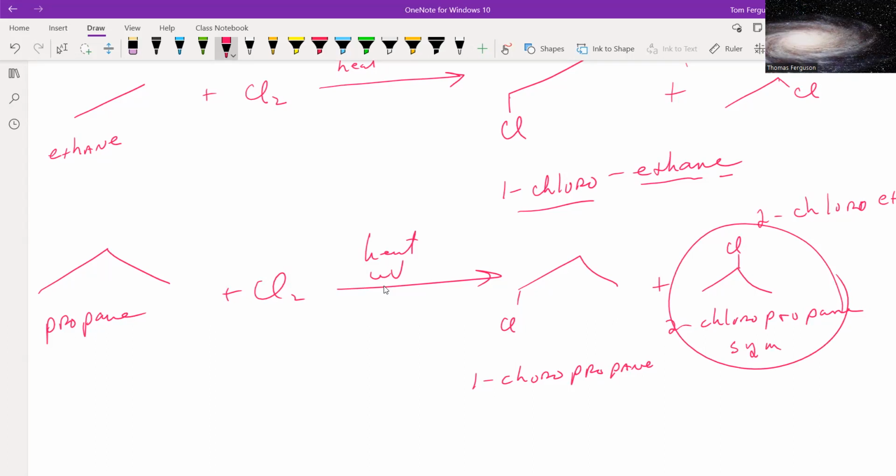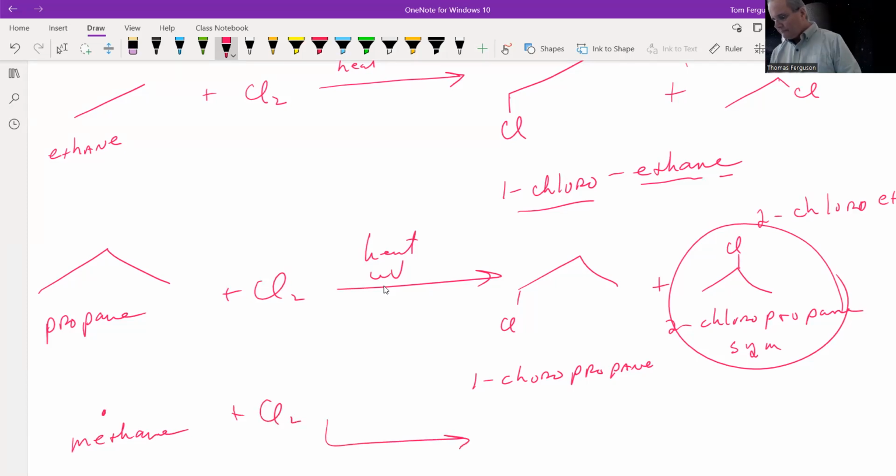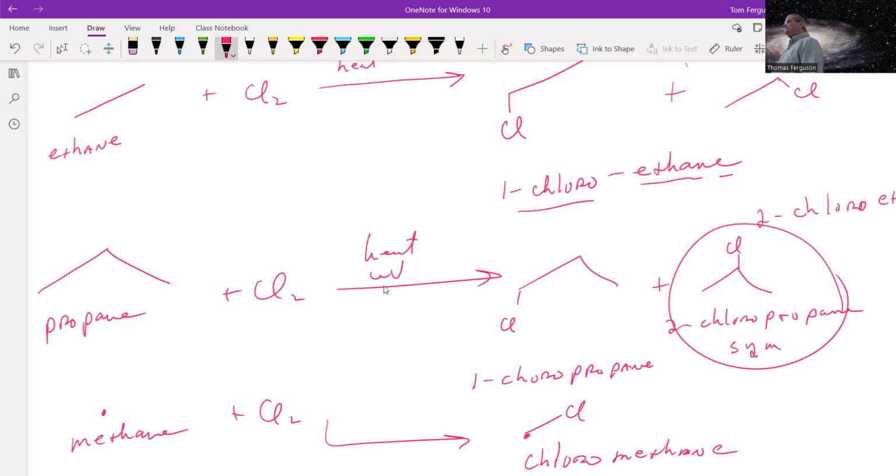If we had 1 carbon, like if we started with methane, for example, we'd end up with chloromethane and no mixture.